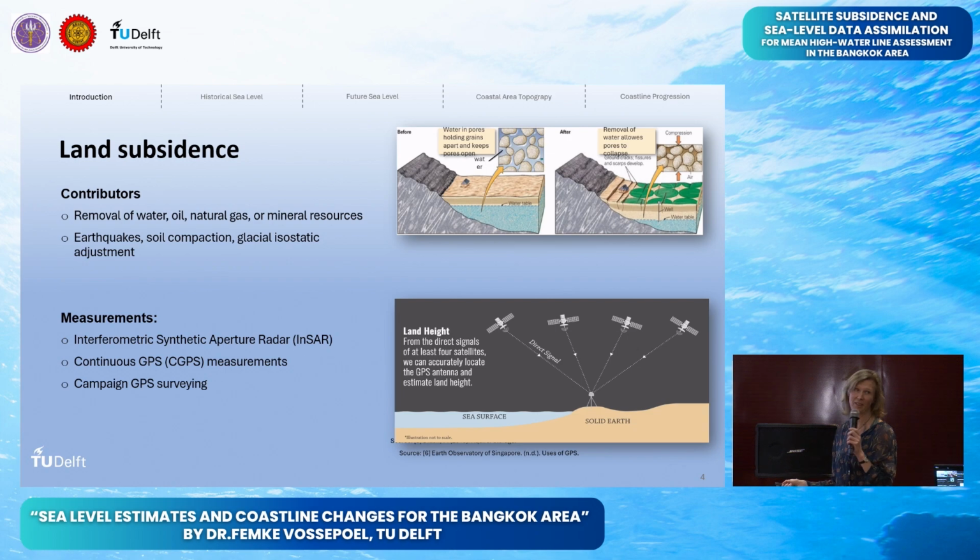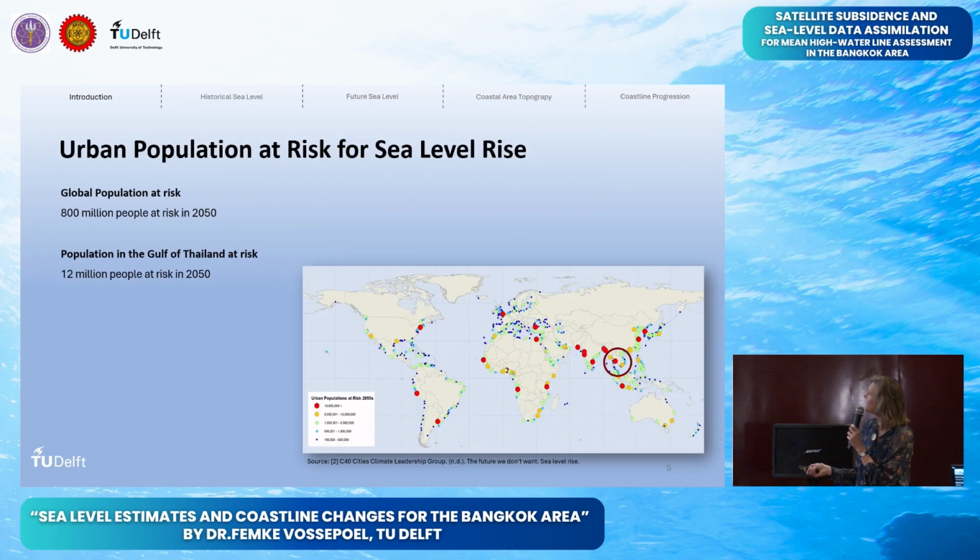We also have other geophysical processes, such as earthquakes, soil compaction, and glacial isostatic adjustment. For the measurements of subsidence, well, InSAR, we've seen a couple of presentations today, and the GPS measurements, as Wim showed them, are of course also very important. And there's a nice animation that Tijmen found.